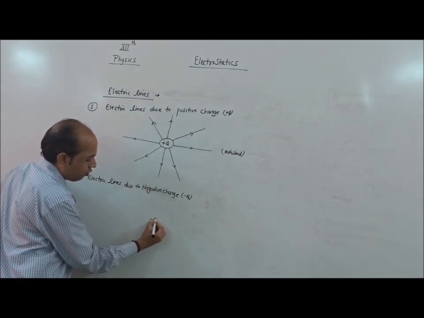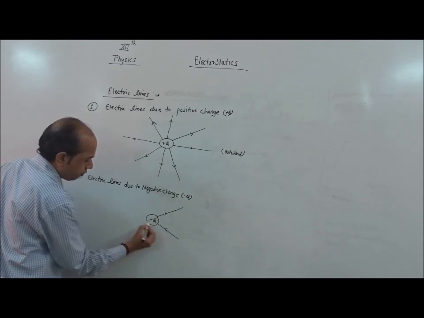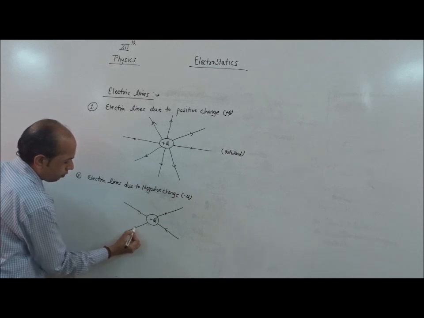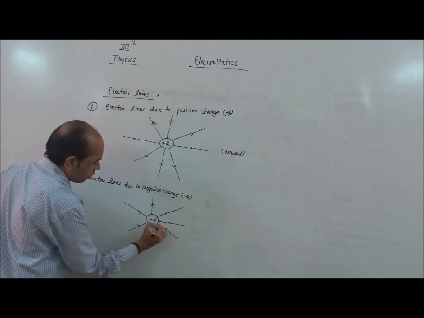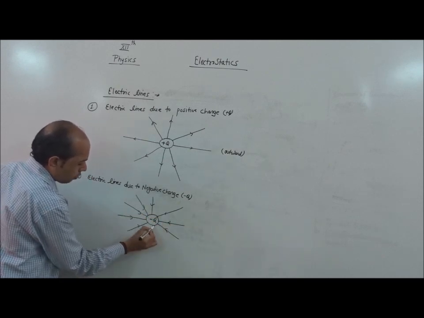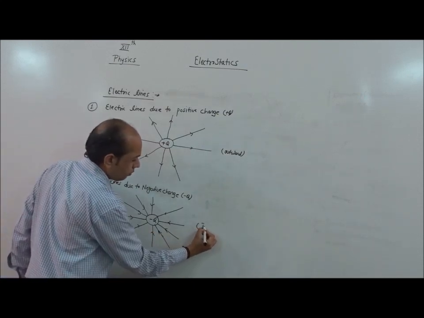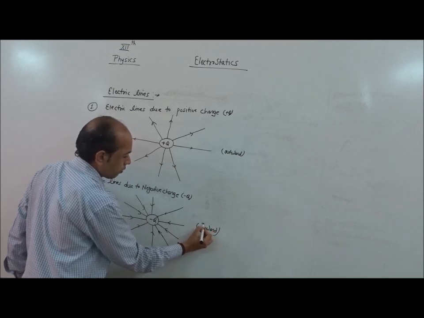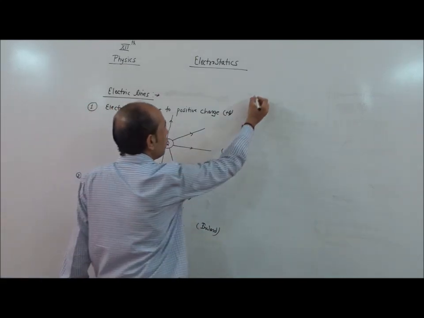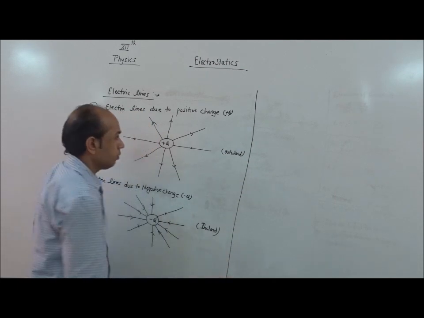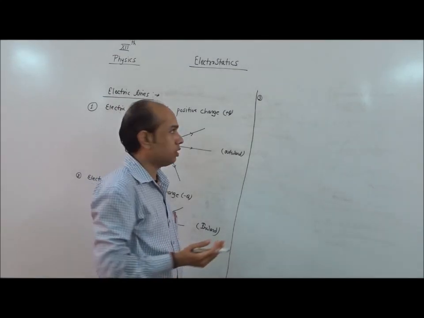So for negative Q charge, lines are inward. So for negative charge, this is the way to represent the electric lines.